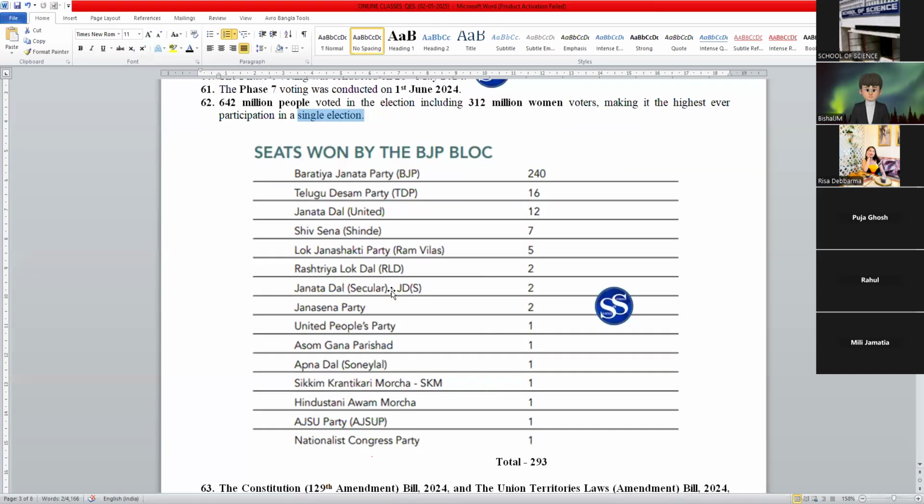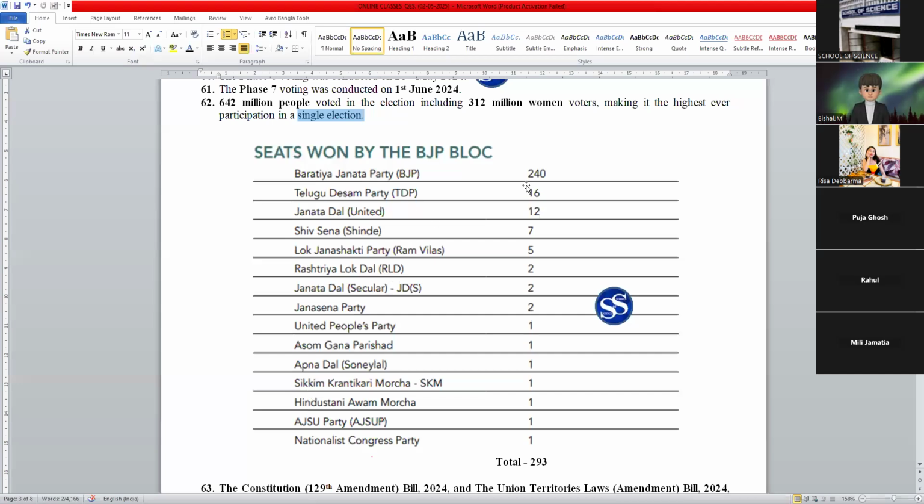total number of seats won by the BJP bloc is 293. And who are the political parties that are the supporters of NDA? You see this, the names of political parties are given along with their respective MPs.